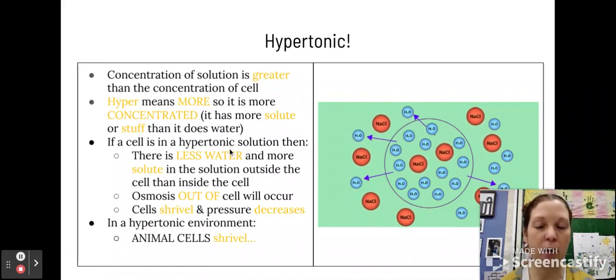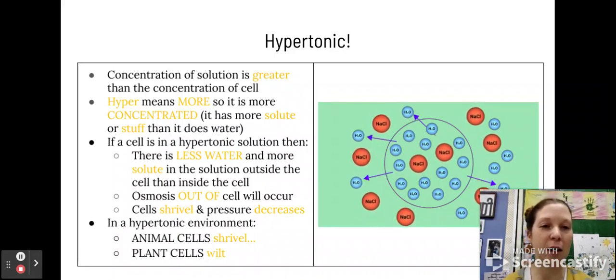If you have a hypertonic solution, animal cells will shrivel. Okay, so they will get smaller. Plant cells will wilt. If you've seen your plants' leaves wilt, you say it's because there's not enough water, because water is leaving the plant cells to go into the soil or the solution.